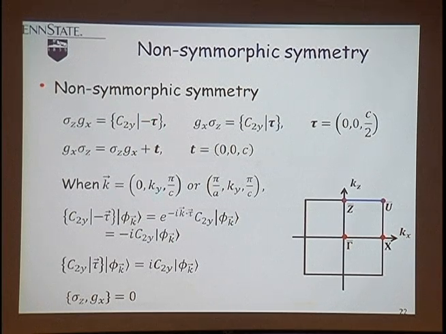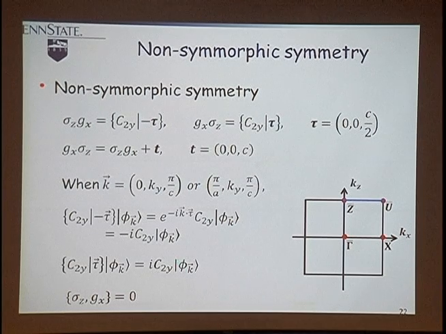Now if you take k along this line, the zu line, where kz equals pi over c, you will find that these two operators have a minus sign between them.